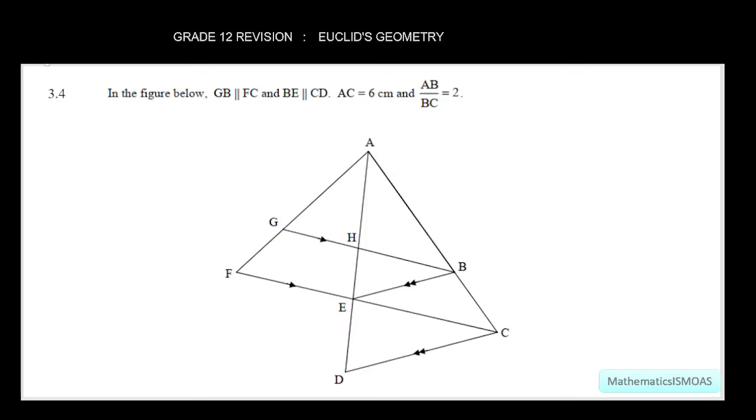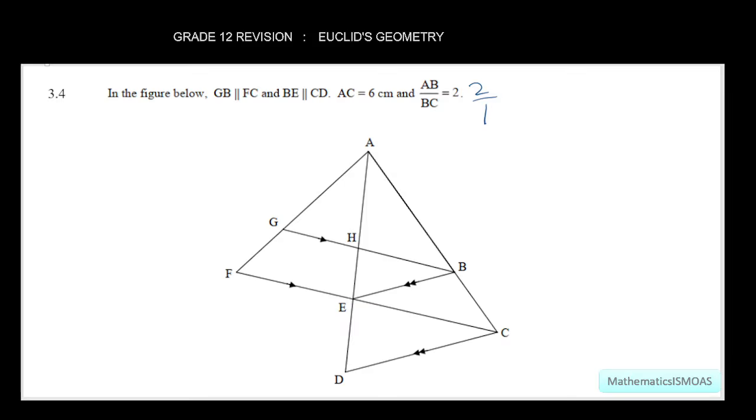Then we are also given that the length of AC is 6 centimeters, and we are given the ratio AB to BC is 2 to 1.